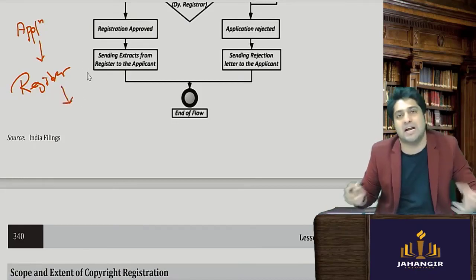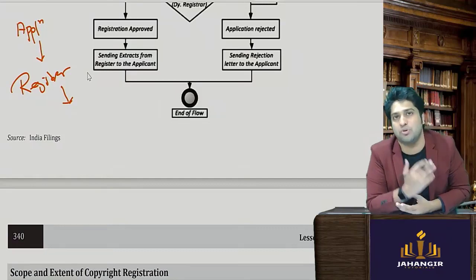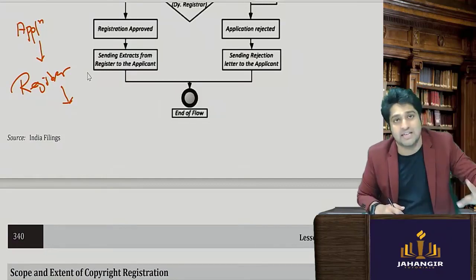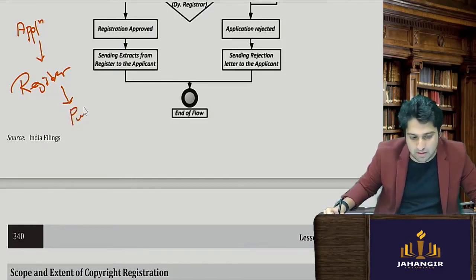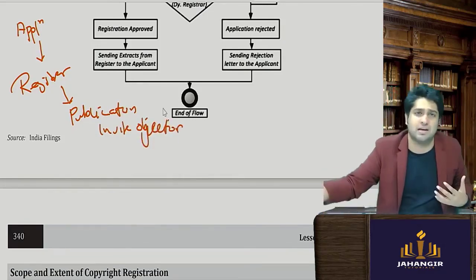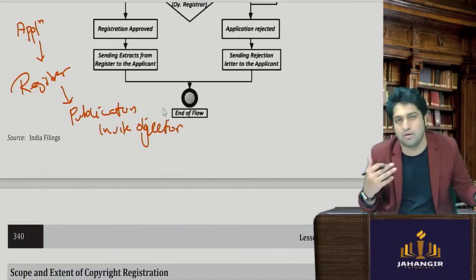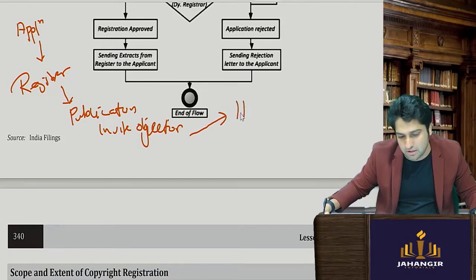He will first satisfy himself whether the application and the intellectual property is genuine or not. Once he is satisfied, then he will make a publication and he will invite objections. So people will say this is my work, etc. Then after inviting the objections, he will hear both the sides.